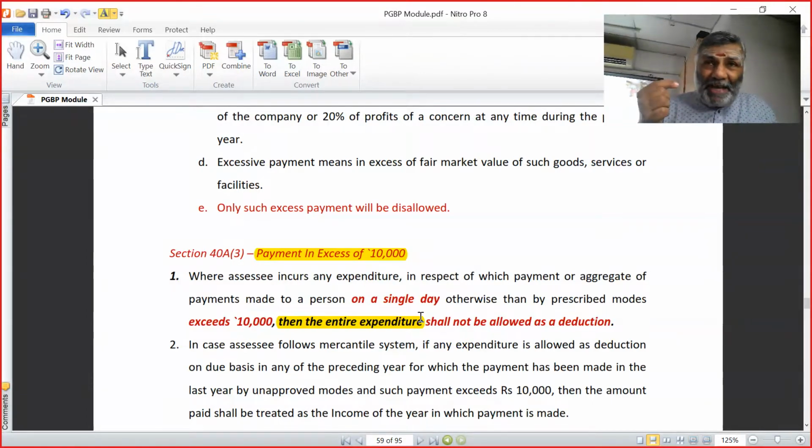In the previous provision, section 40A subsection 2, only the excess will not be allowed as deduction, whereas in this section the entire expenditure will not be allowed. Am I clear to you? Right? What are unapproved modes?